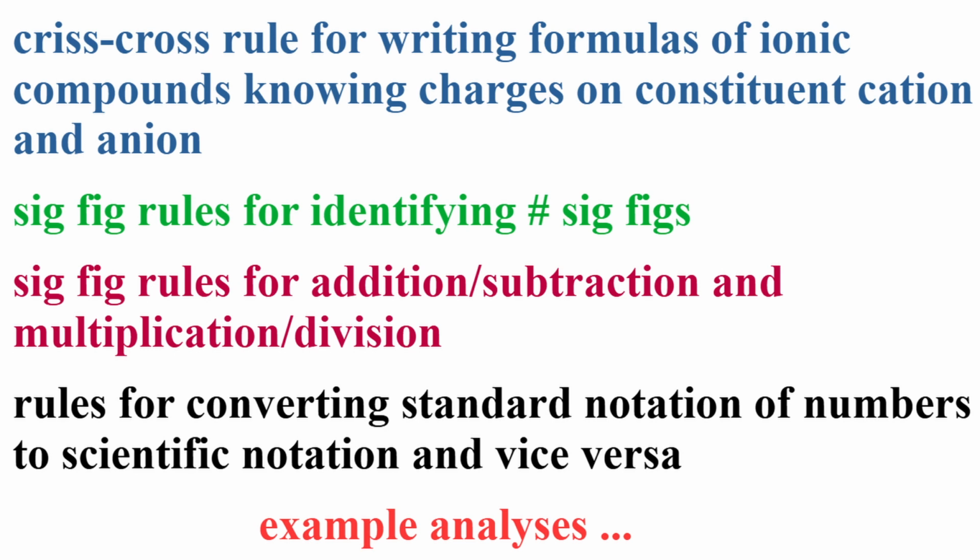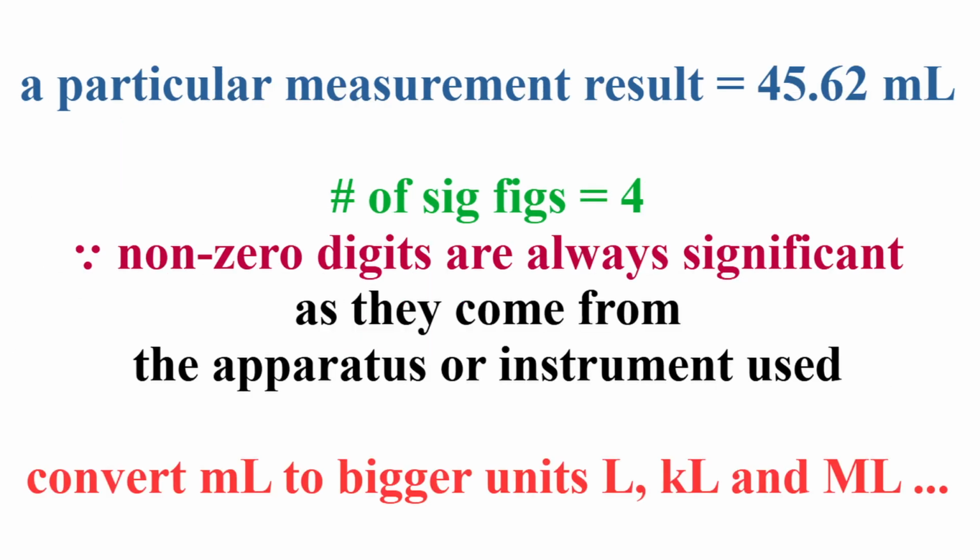A couple of example analyses follow in order for you to understand what is referred to here. Consider the result of a particular measurement, namely 45.62 milliliters. All 4 digits in this number are non-zero digits, and they are all significant as they all come from the apparatus used.